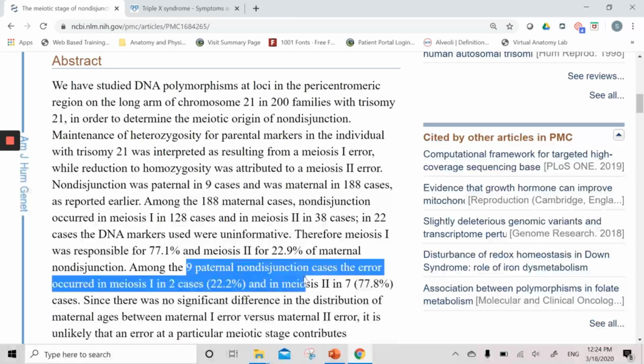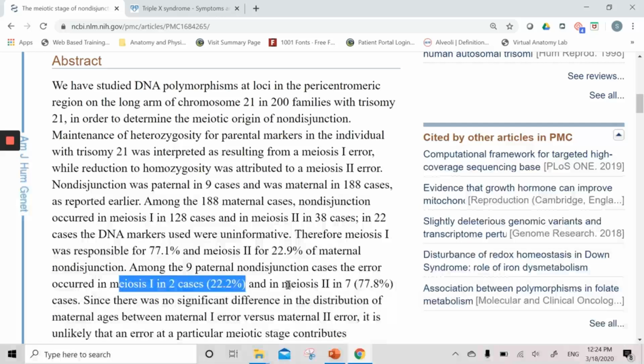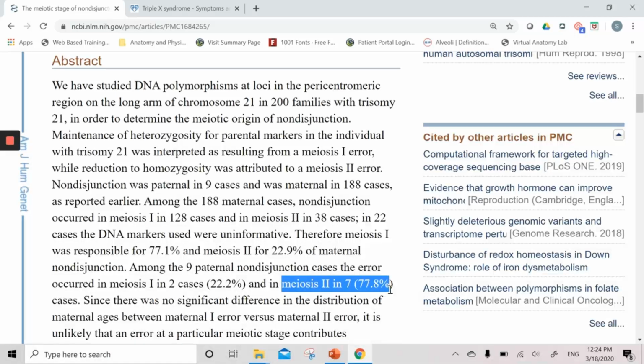It's only 9. But let's look at the data. So for paternal non-disjunction cases, meiosis 1, that's 22%. Meiosis 2, it's almost 78%. So it's like the opposite of maternal non-disjunction. But again, I don't think they have a really big sample size for the paternal cases.